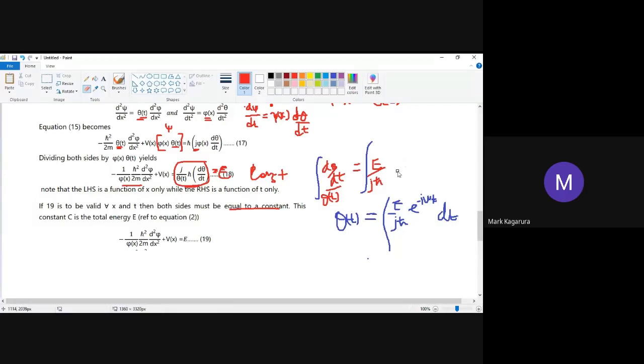So if you integrate this other side, so this is the same as integrating the integral of 1 over x, which is the natural log of x, or ln x.